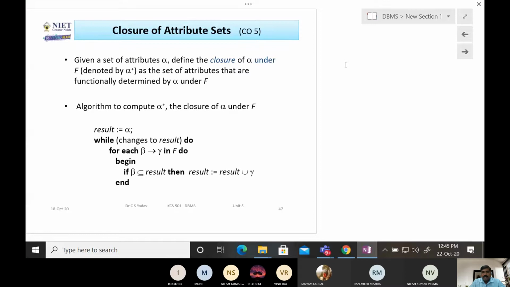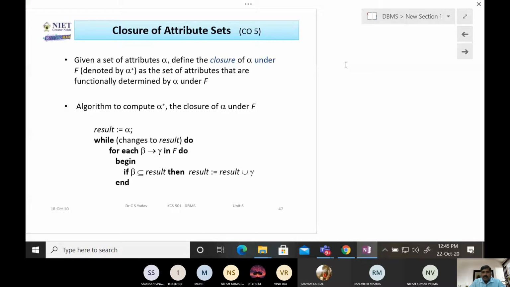And a relation is said to be in BCNF if and only if every determinant is a candidate key or super key. As you all know, a minimal super key is called a candidate key.